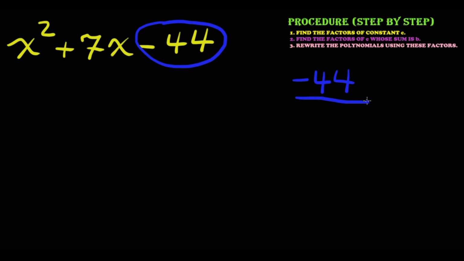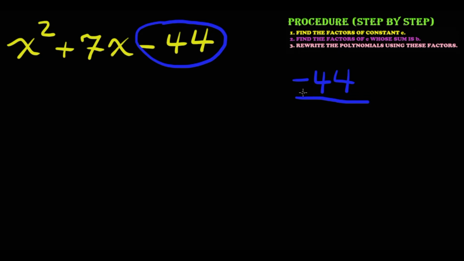Now step 2 is to find the factors of c, factors of negative 44, whose sum is b. That when you add those two numbers, it comes out to 7. Okay, so your b is 7. So let's think about those two numbers. What do we need?